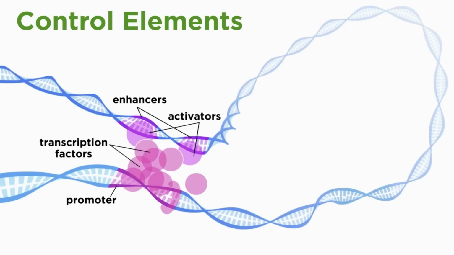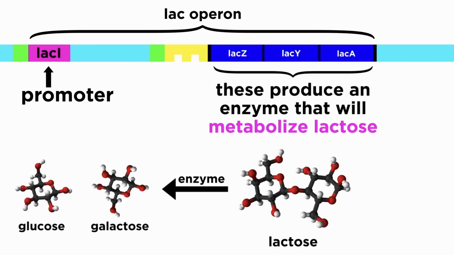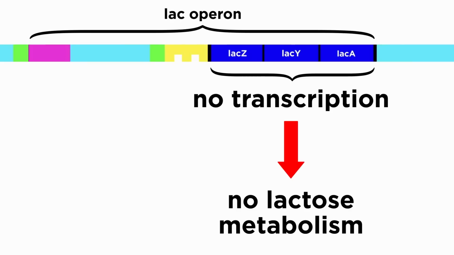Speaking of promoters and other genomic elements, plenty of research has been done surrounding these structures that specifically demonstrates how resourceful nature can be. Scientists have taken a wild-type strain of E. coli and stripped away the native promoter region of the lac operon, the gene necessary for metabolizing lactose. This is a segment of about 100 base pairs, which was replaced with totally random sequences, such that the gene will not be transcribed and the resulting lactose metabolizing enzyme cannot form.